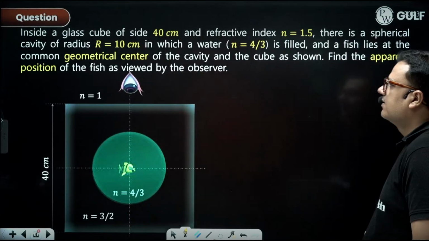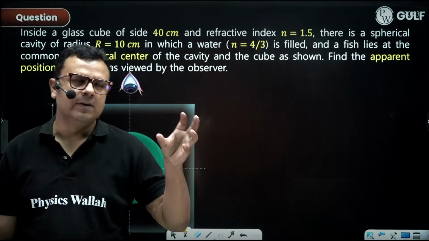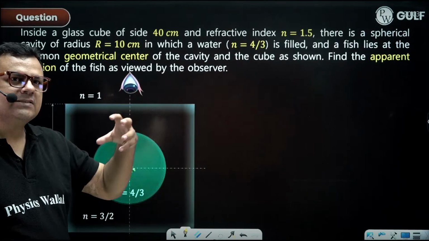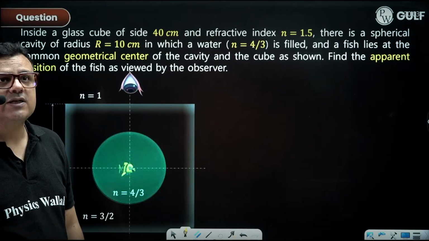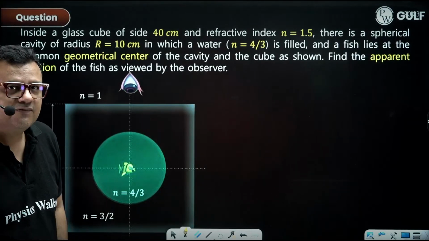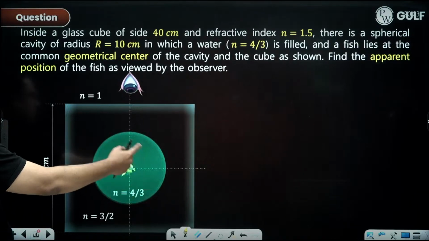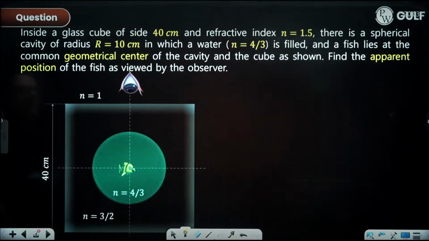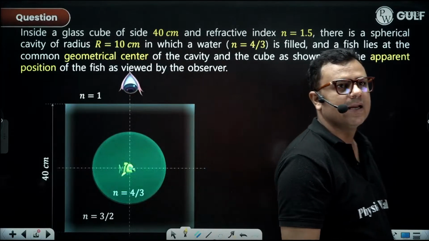Cavity means there is a hole inside the cube, and in that spherical hole they fill water. The refractive index of the water is 4 by 3. And a fish lies at the common geometrical center. Suppose it's a sphere, and the fish is at the center of it. Find the apparent position of the fish as viewed by the observer.